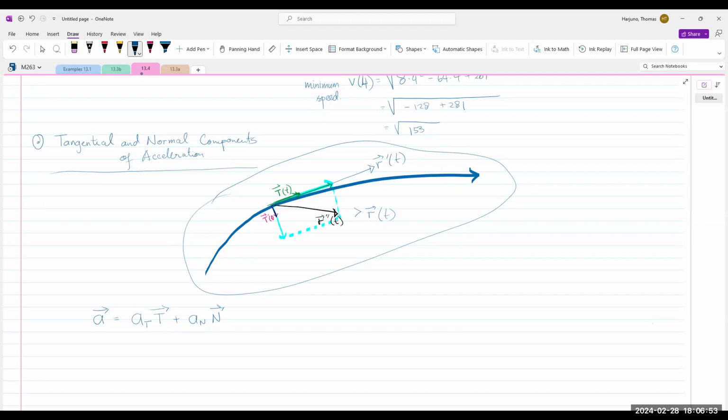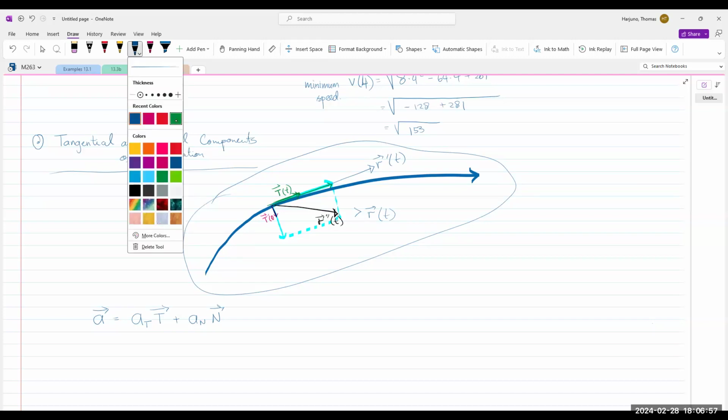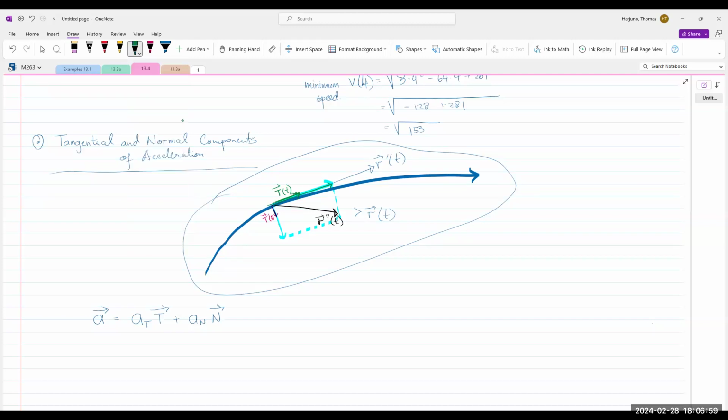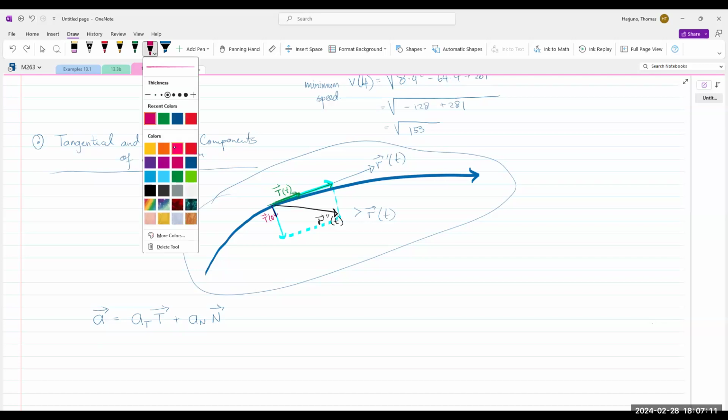Okay, from that picture you already have the unit tangent vector here, right? Do you see this one? Now our unit normal vector maybe looks like this, let me use a slightly different color.